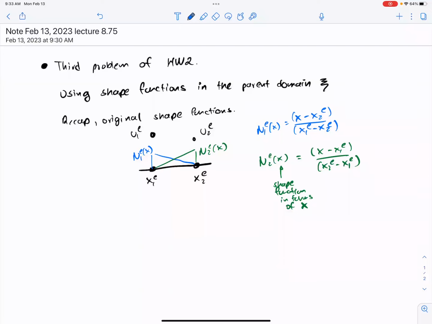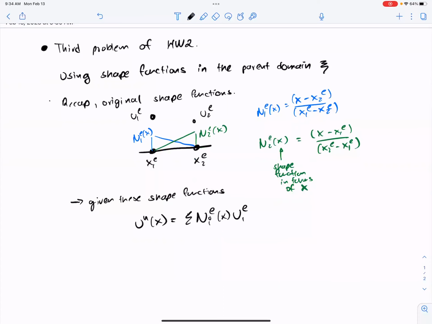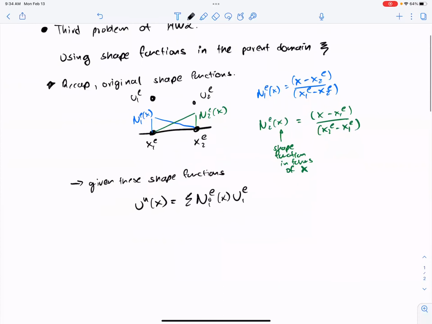And so given these shape functions, I had uh(x) equals the sum of the shape functions times the nodal values. That's what we did originally. So this is the original setup.